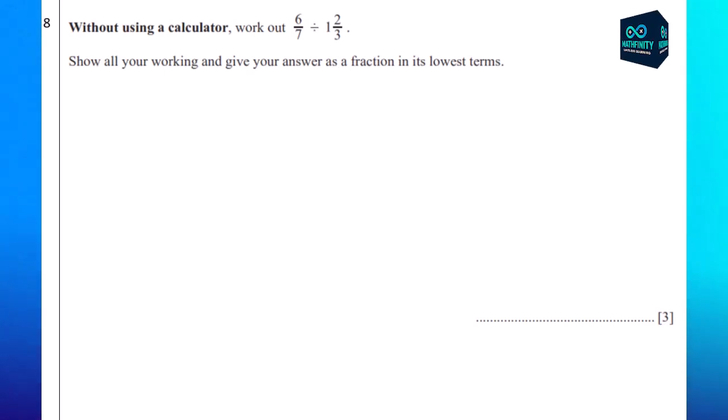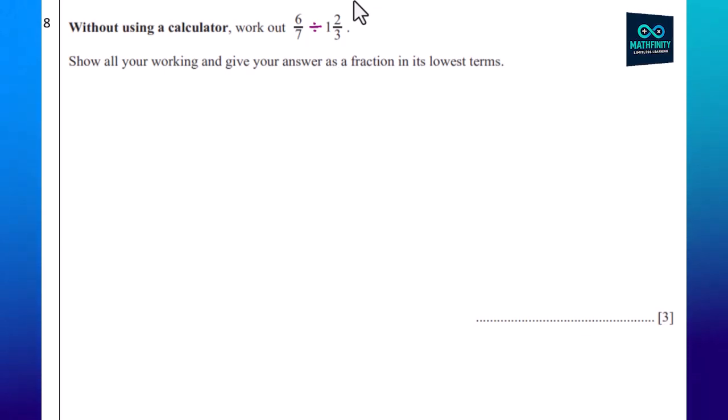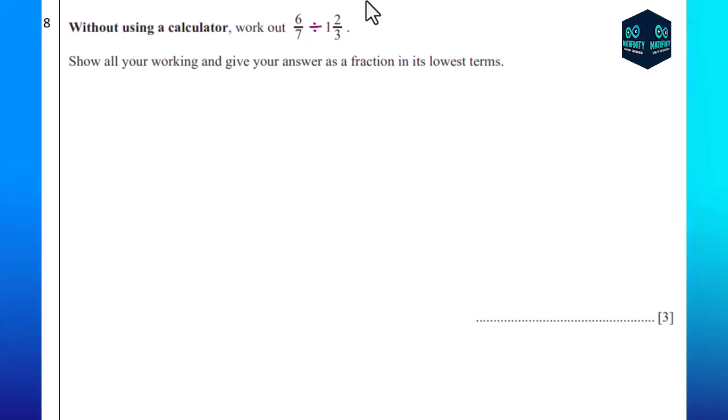Question number 8 guys. Without using a calculator, work out 6 over 7 divided by 1 whole 2 over 3. The division sign is there, and most commonly in the past papers you will see the division sign. Before going to start, as I told you, whatever the operator they will give you, addition, subtraction, multiplication or division, in any case we have to convert the mixed number into improper before solving the question.